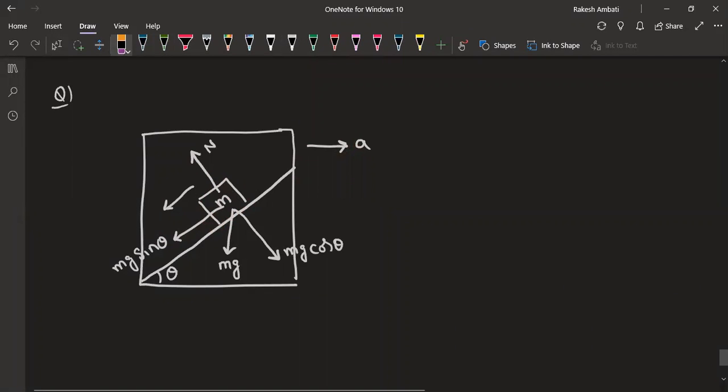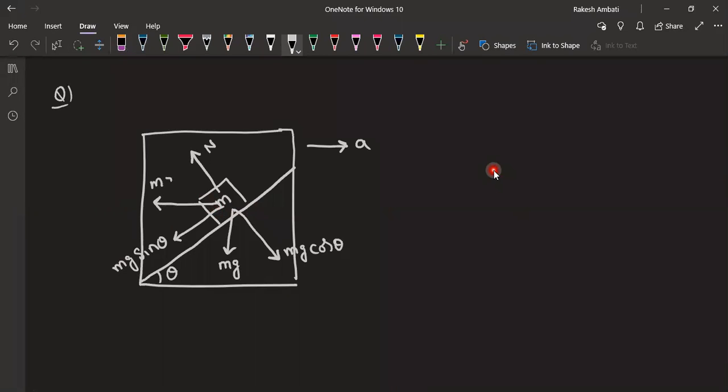Its direction is opposite to the direction of the accelerating frame. The frame accelerates rightwards, so the pseudo force will act leftwards.